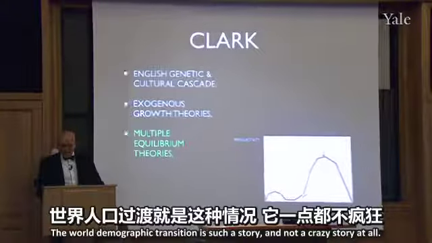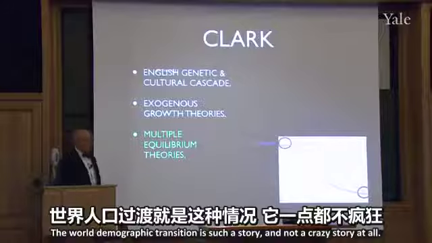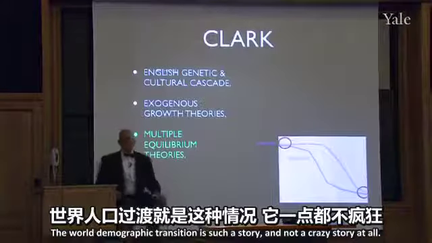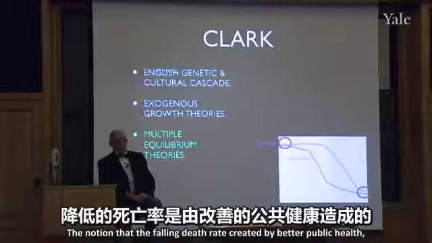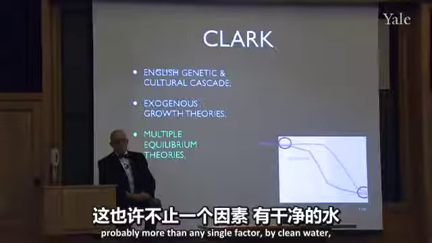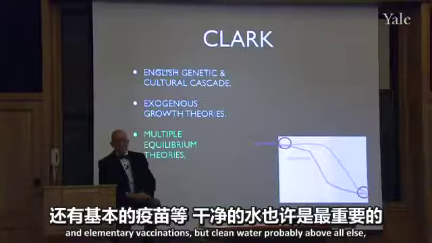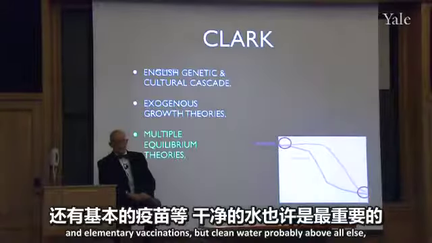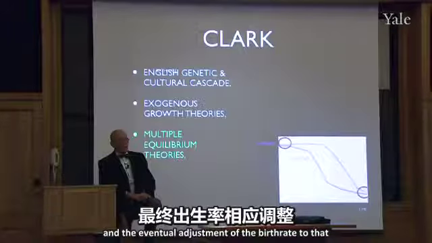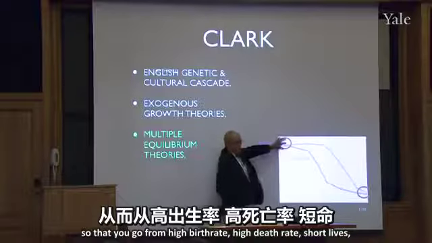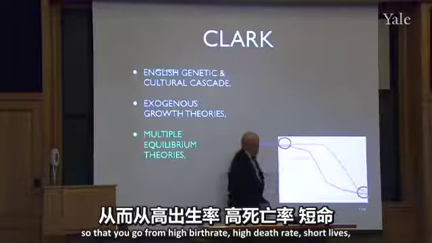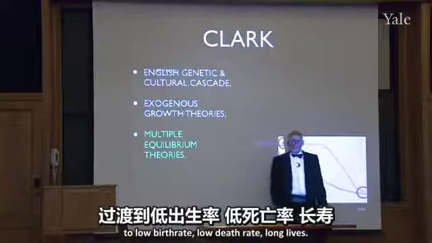And the world demographic transition is such a story, and not a crazy story at all. The notion that the falling death rate, created by better public health, probably more than any single factor by clean water, and elementary vaccinations, but clean water probably above all else, and the eventual adjustment of the birth rate to that, so that you go from high birth rate, high death rate, short lives, to low birth rate, low death rate, long lives.